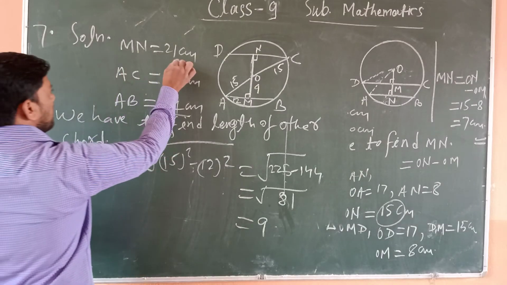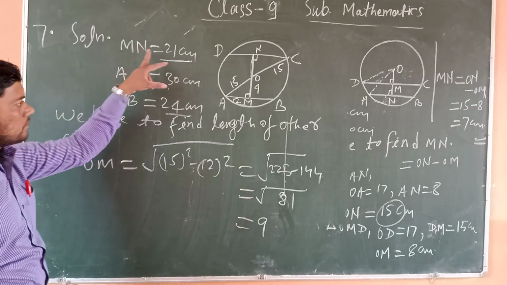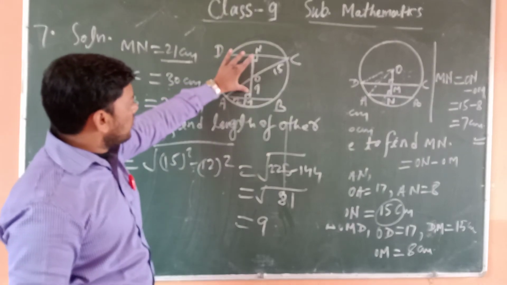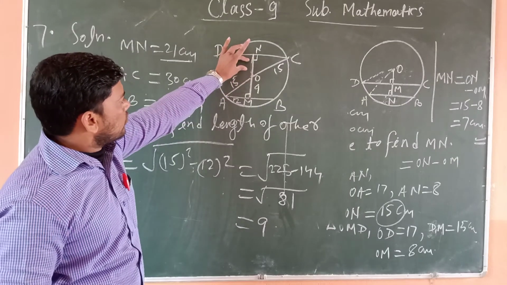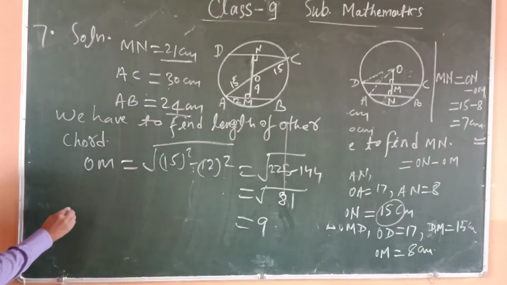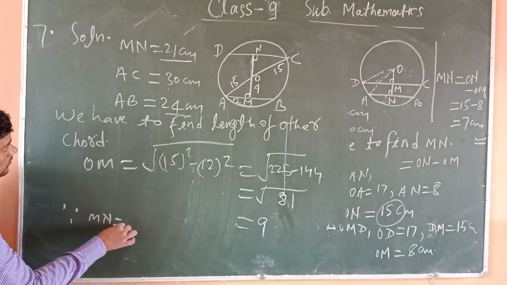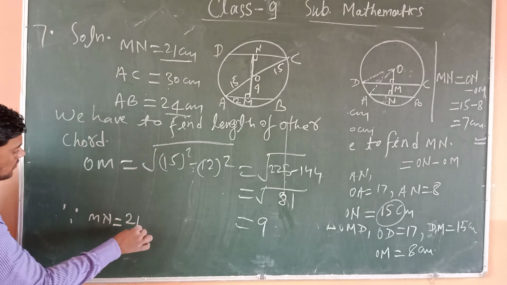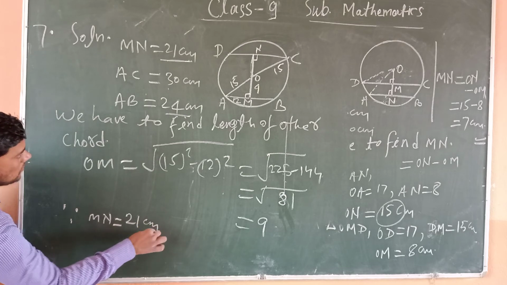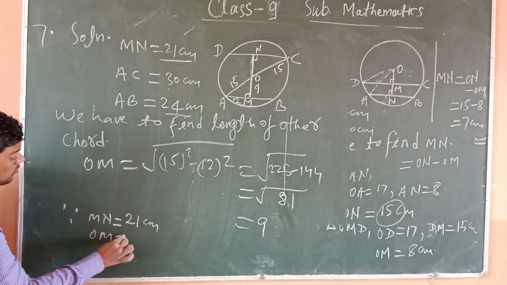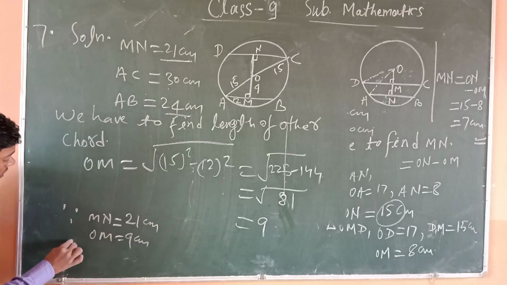MN is 21 centimeters, OM is 9 centimeter.